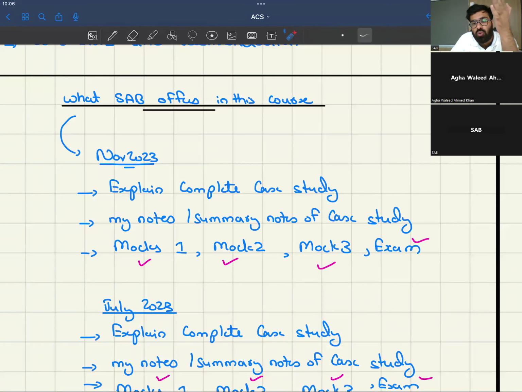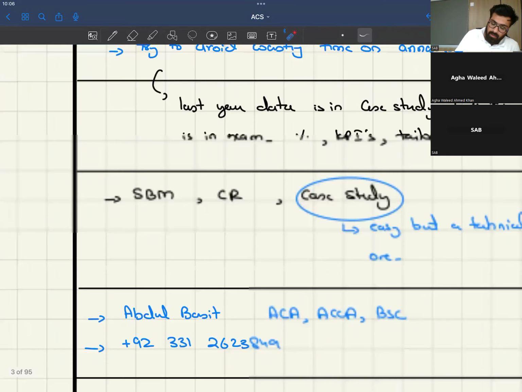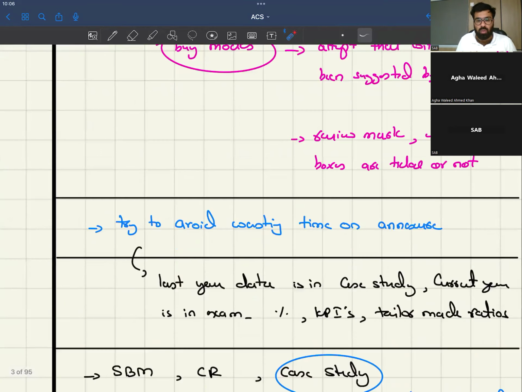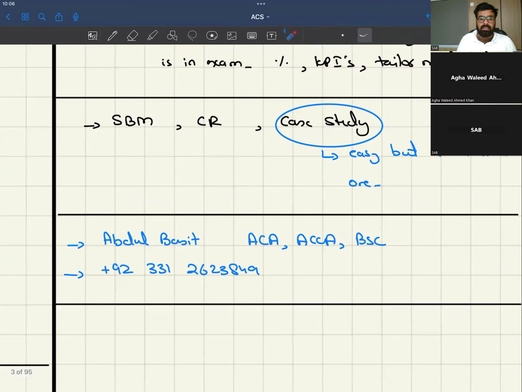Similarly, in mock 2, I'll teach that. In mock 3, I'll teach that. And you'll have a strategy. So you'll go on to the other papers till we get the exam case study. And once we have the exam case study, we'll start practicing that.